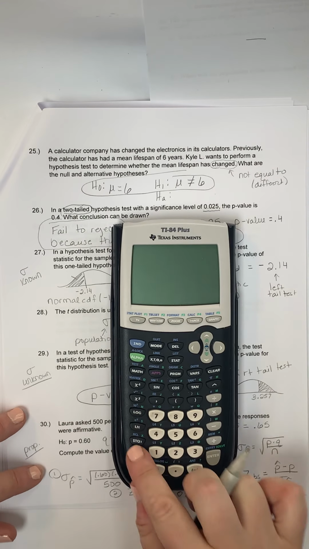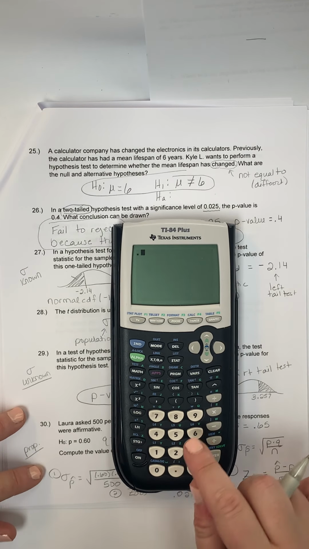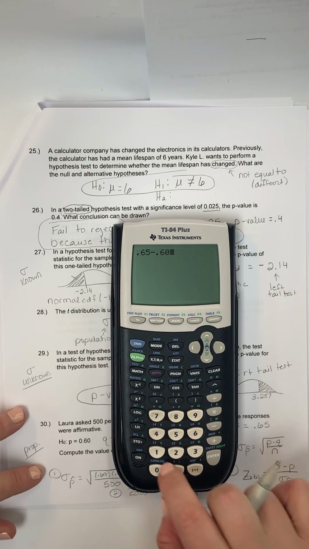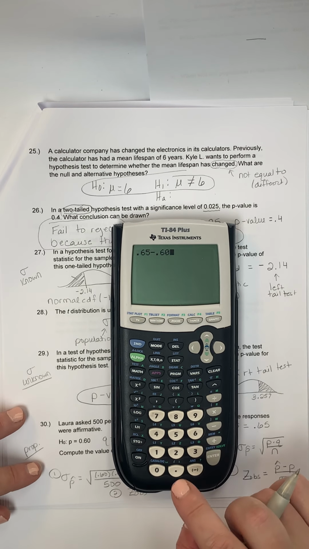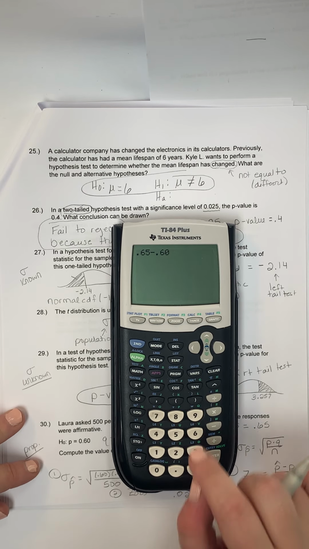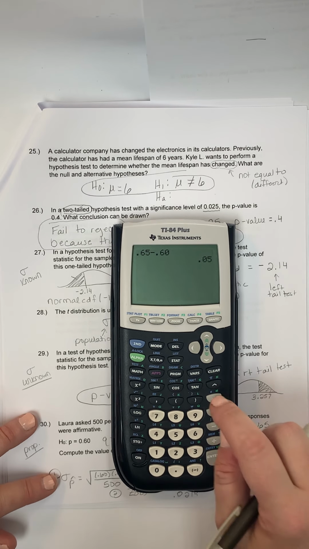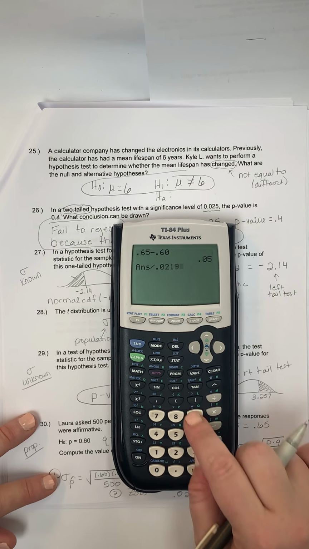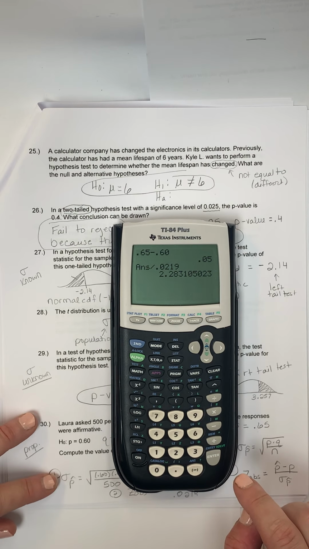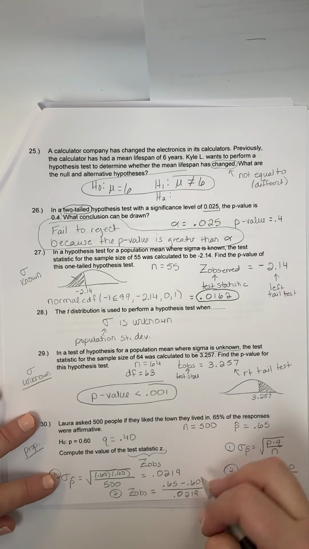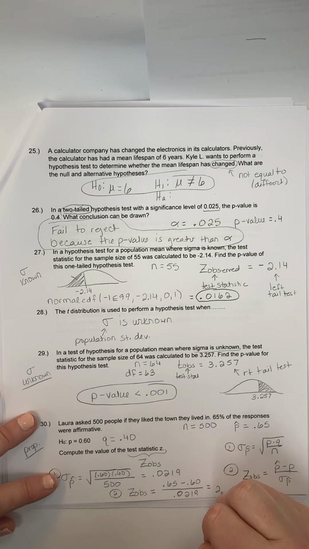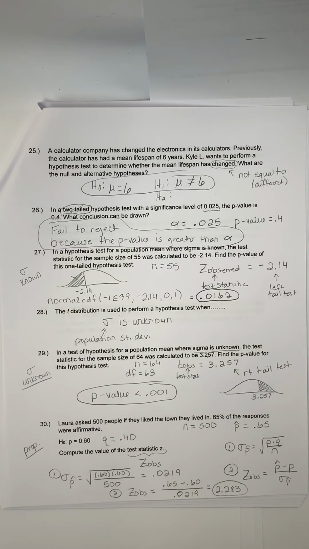Let's put that on our calculator just to make sure everyone's good. 0.65 minus 0.60. Do not hit divided by at this point. Your calculator will get messed up. You can put this in parentheses and divide by sigma P hat. Otherwise, hit enter first, then divide. Otherwise, order of operations is going to mess you up. Z observed is 2.283. That is my answer. There we go.